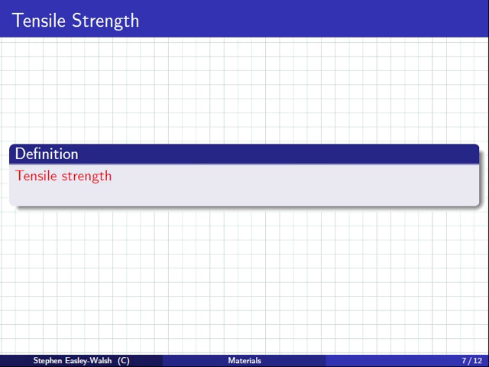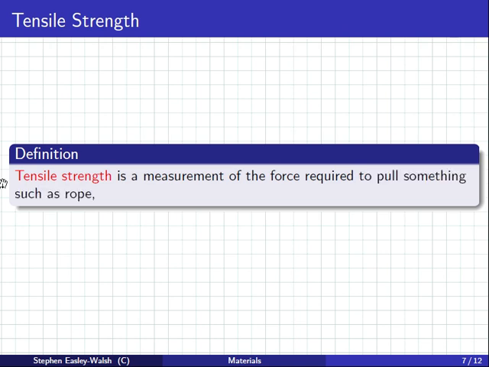Good. Now, strength doesn't have a definition though in physics, so you need to change that word. The amount of energy. Not energy. It's the measurement of force required to pull something like a rope to the point where it breaks.